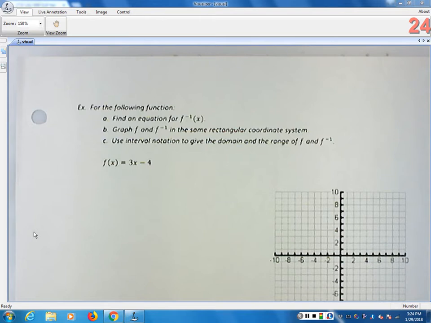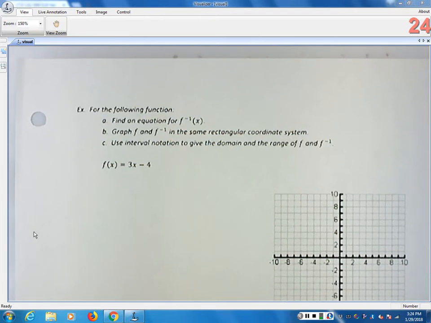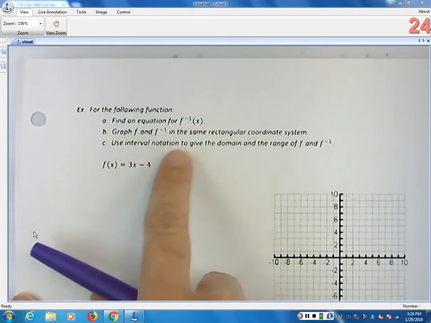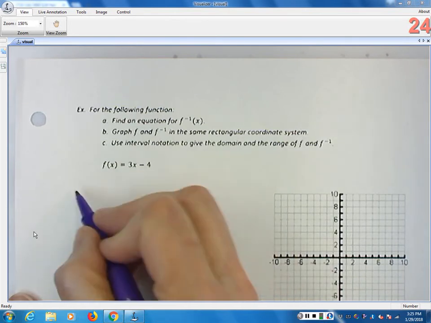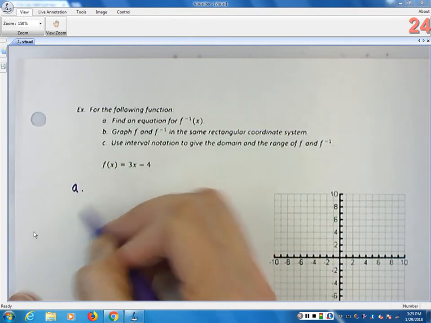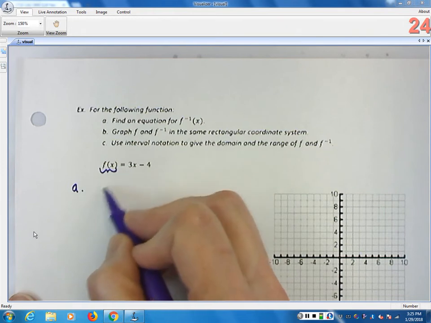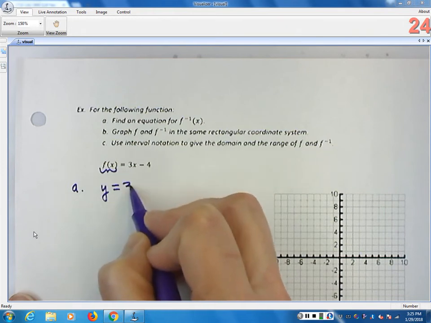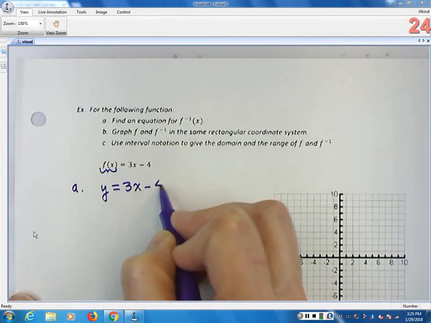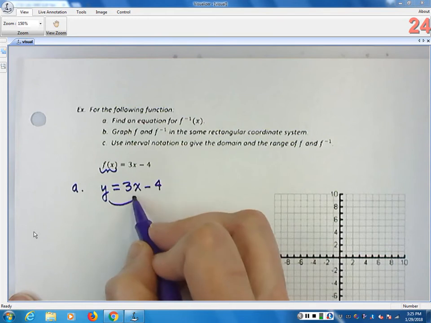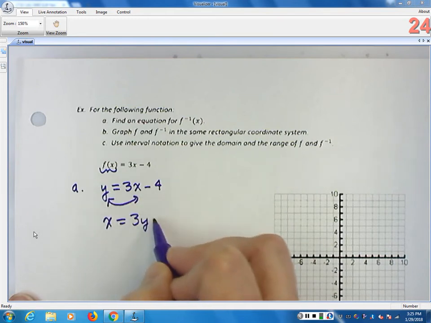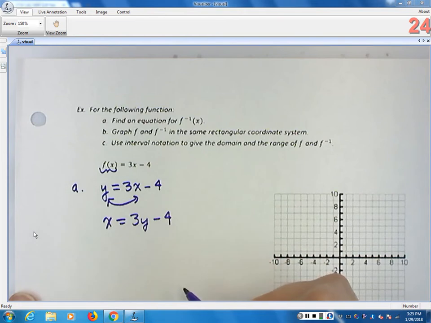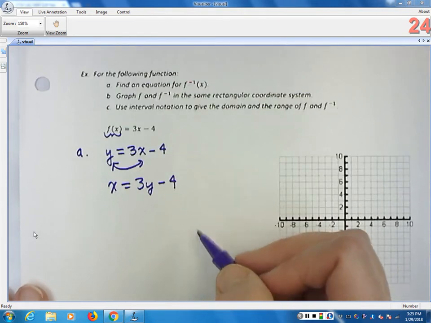All right. So the last example. First, we're going to find an equation for f inverse of x. So we're going to do that, part A. We're going to replace f of x with y. We're going to switch our x's and y's around. Now we're going to solve for y.